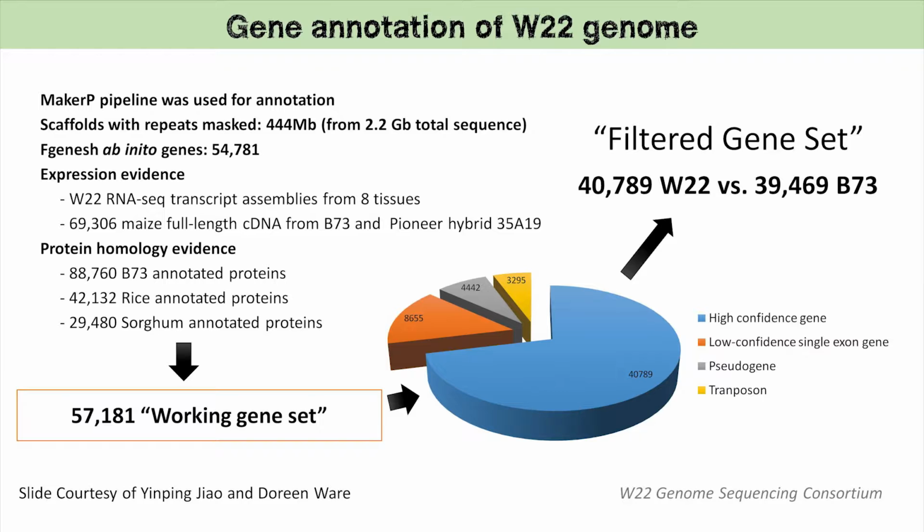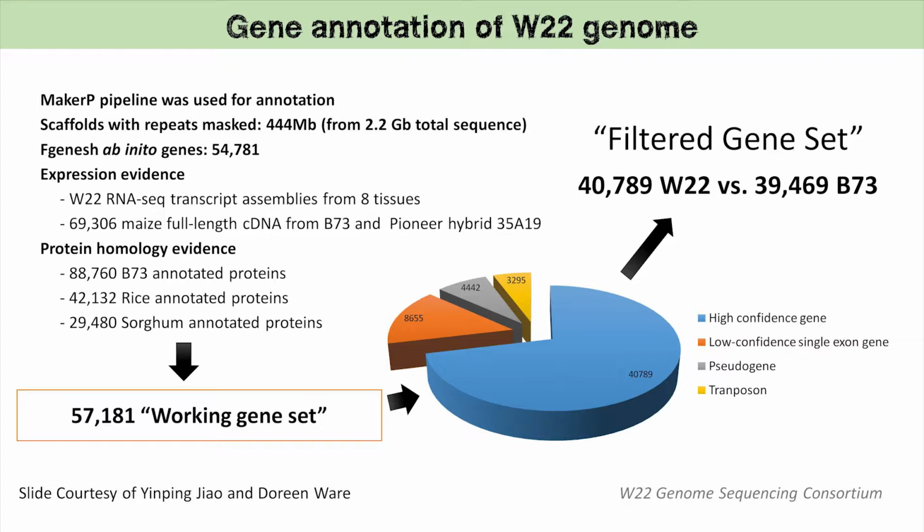She did repeat masking and then ab initio gene calling, and then used RNA-seq data from 8 different tissues to polish the gene models from the ab initio pipeline into about 70,000 full-length cDNAs, and included 70,000 full-length cDNAs from B73 and Pioneer.